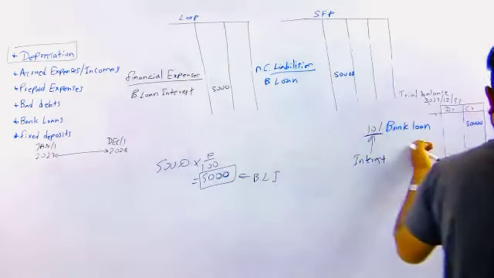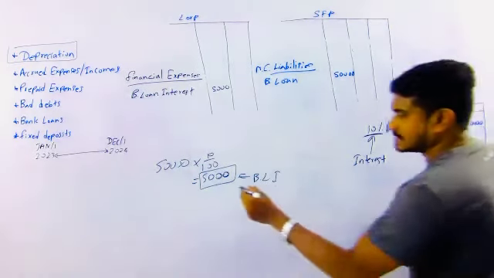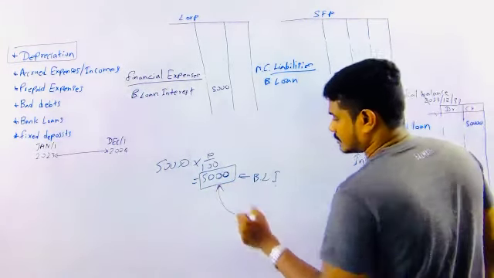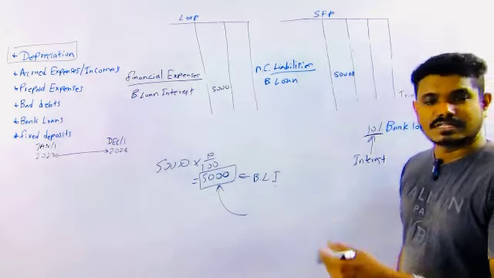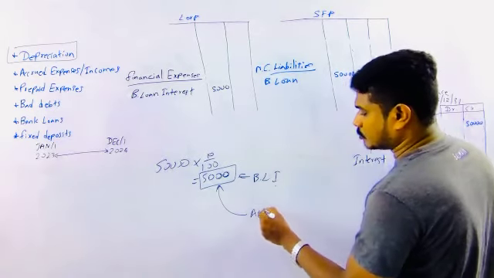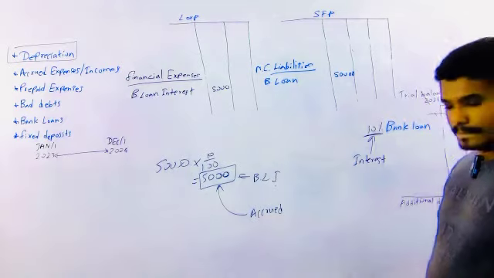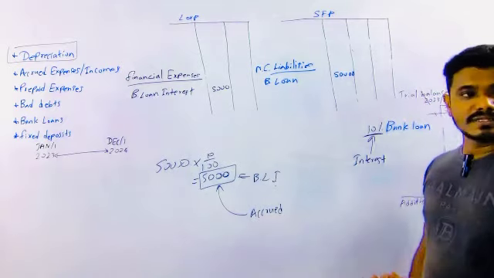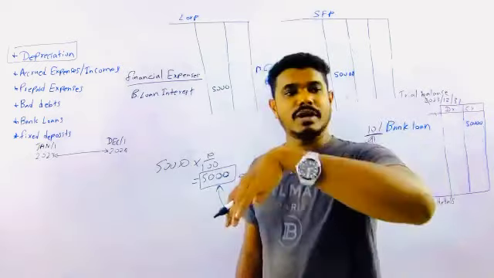If it is not mentioned, it means we have to pay. So the bank loan interest is an expense, but we haven't paid. It means it's remaining. So it converts to accrued bank loan interest, no? Accrued bank loan interest means it is an expense, but we haven't paid. It has already converted to a liability.